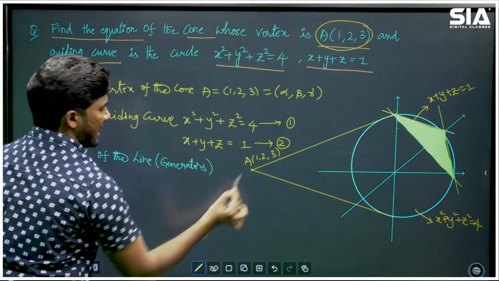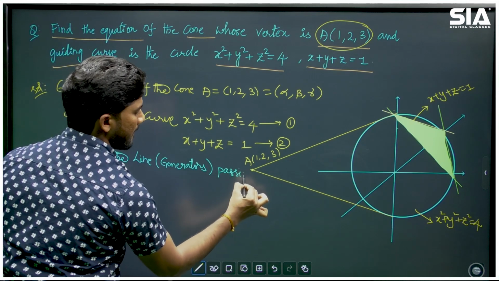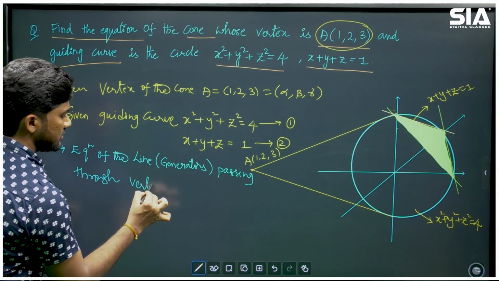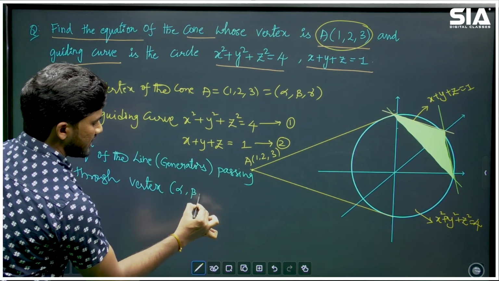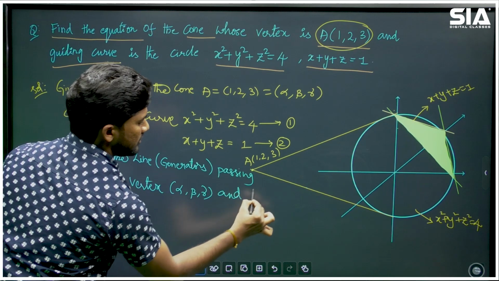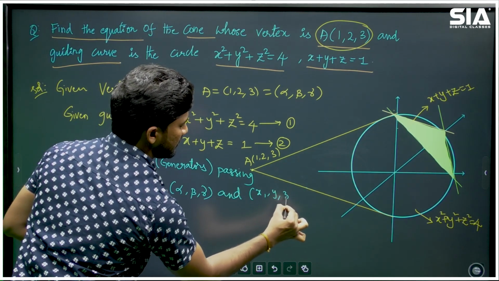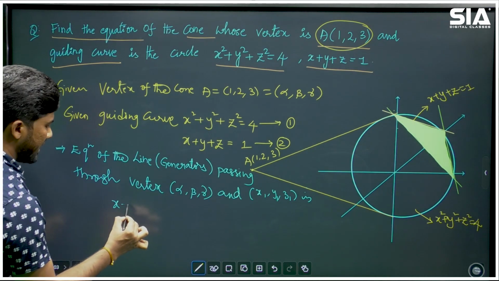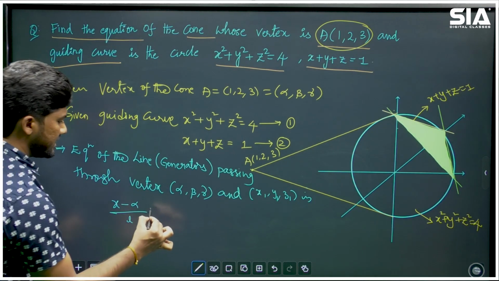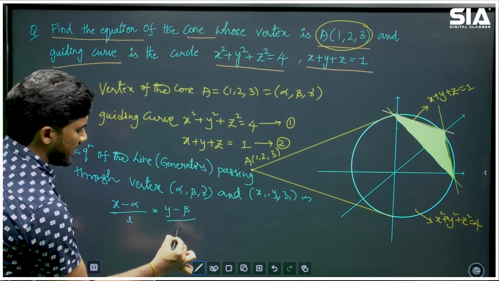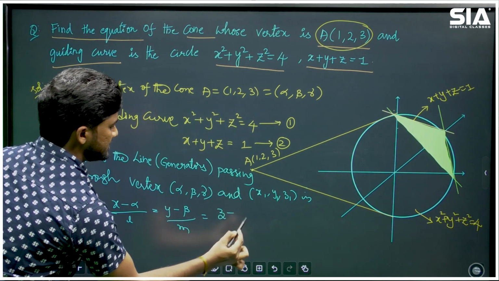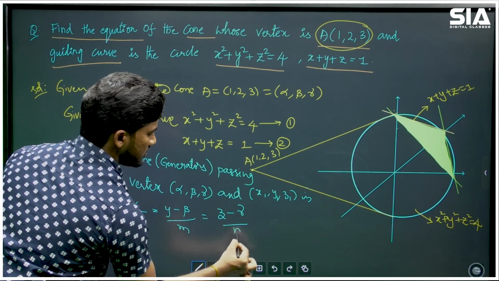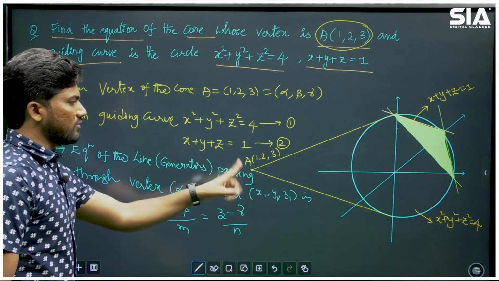The equation of the line passing through the vertex (alpha, beta, gamma) and the point (x1, y1, z1) is (x minus alpha)/l = (y minus beta)/m = (z minus gamma)/n. This is the equation of the line passing through the vertex of the cone.